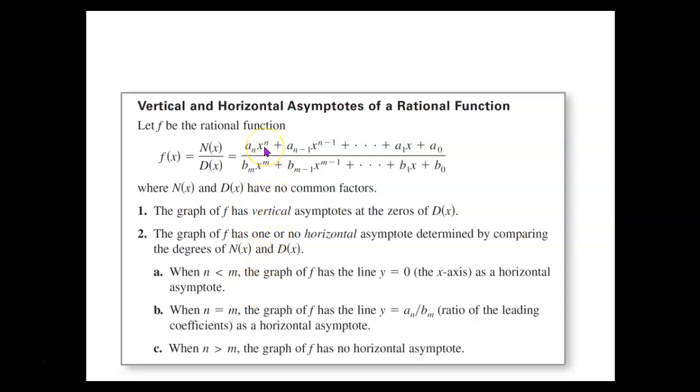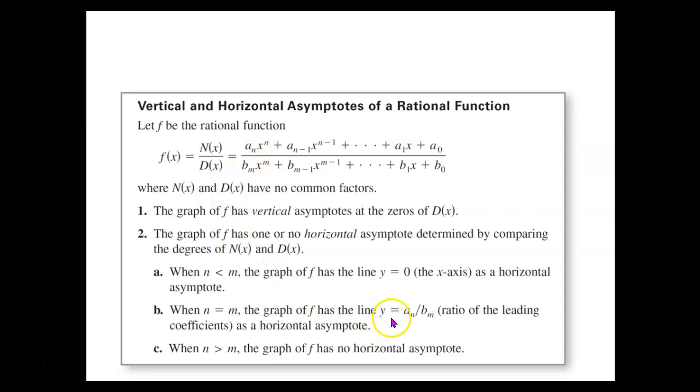If the degree of the numerator is less than the degree of the denominator, then the line y equals 0, which is the x-axis, is a horizontal asymptote for the graph. When the degree of the numerator is the same as the degree of the denominator, then you look at the leading coefficients. Leading coefficient on top divided by the leading coefficient on the bottom.